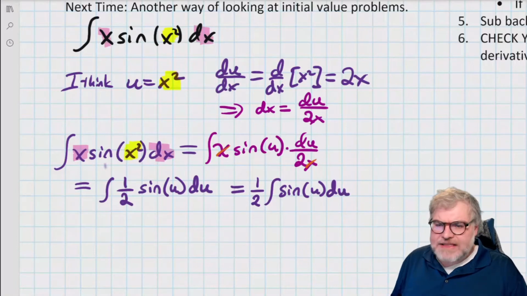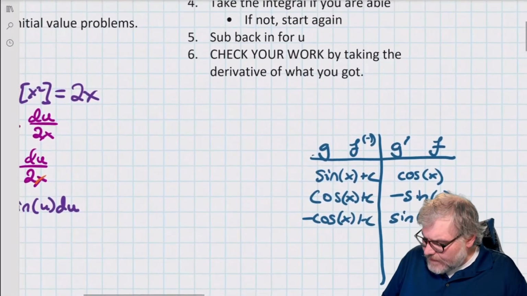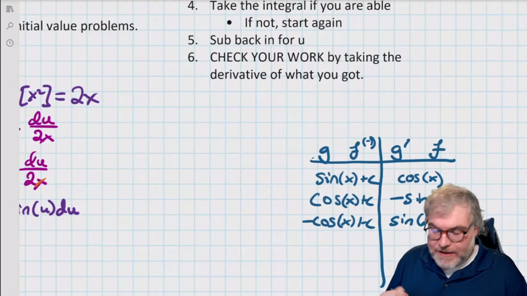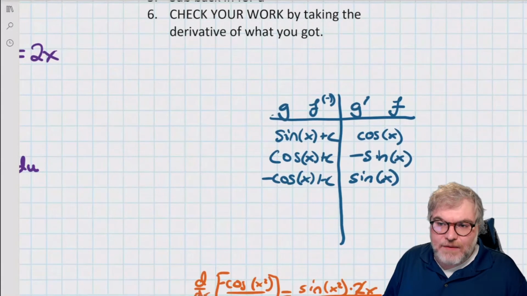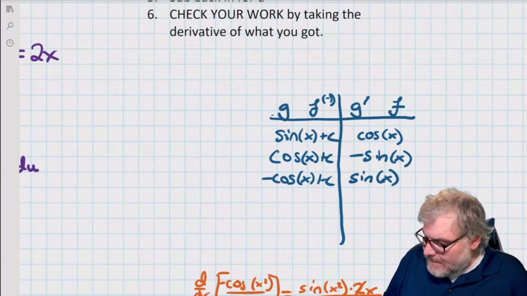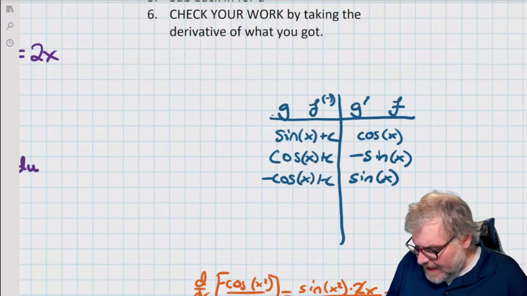Now, everything is in terms of u. I made my chart at the beginning, because I was mindful of what Scott said two weeks ago, to make a chart of your derivatives. It's important. In my chart, I had sine of x plus c, and its derivative was cosine. Here's negative cosine of x plus c, and its derivative is sine.